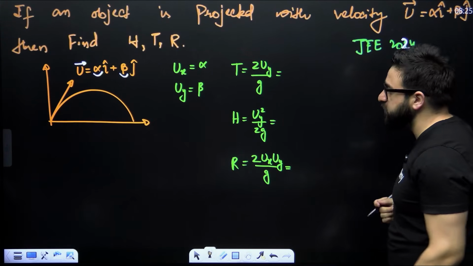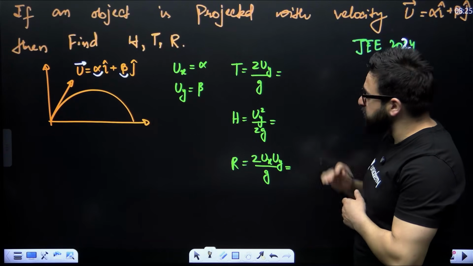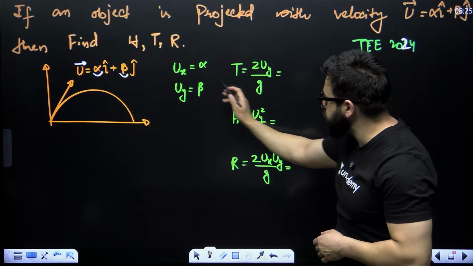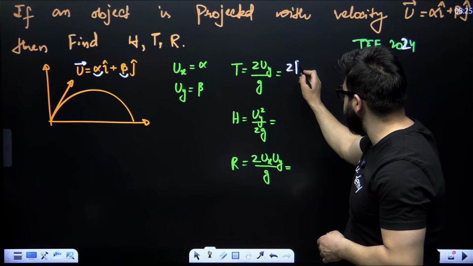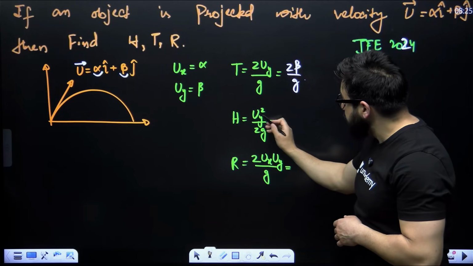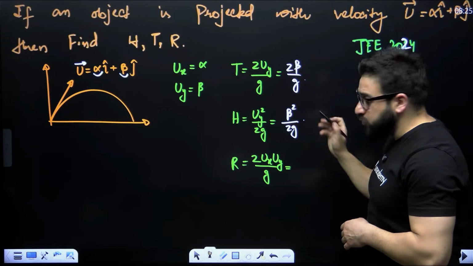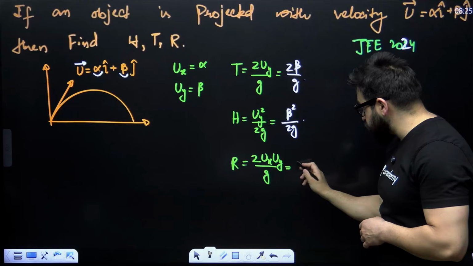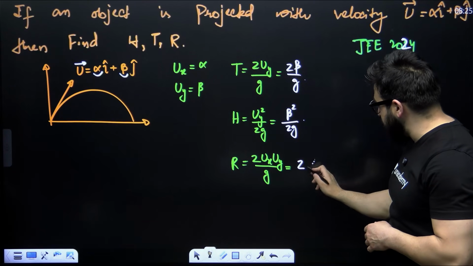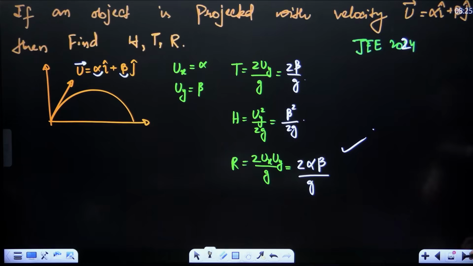You are supposed to tell me what is the value of time of flight. 2uy by g. Uy is beta. So 2 beta divided by g. You are supposed to tell me the value of maximum height. So uy is beta, square divided by 2g. You are supposed to tell me the value of range. So it will be 2, ux is alpha, uy is beta, divided by g. Done and dusted with the question.